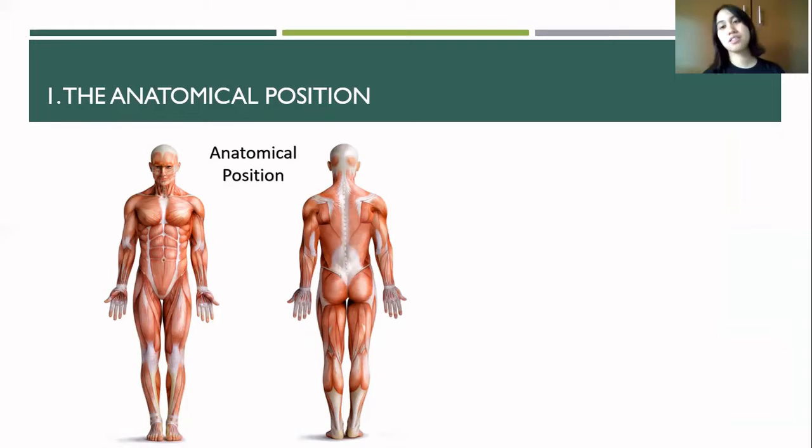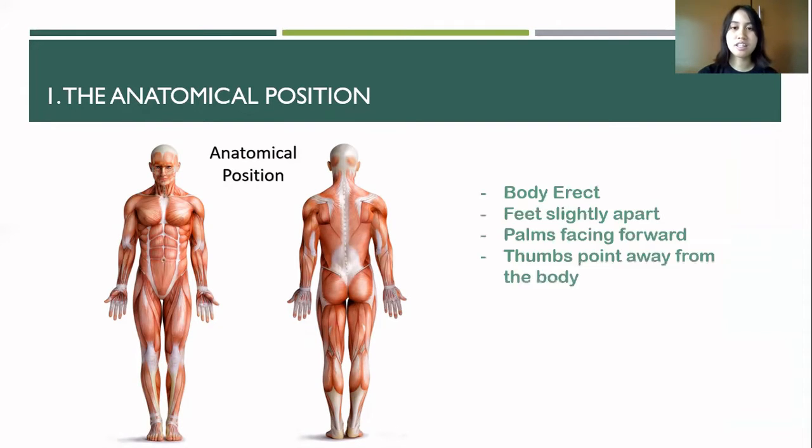Now first, let's dig into the body organization. But before that, we will start with the standard anatomical position, which we use as the basis for the study of the human body. So the anatomical position has these characteristics.